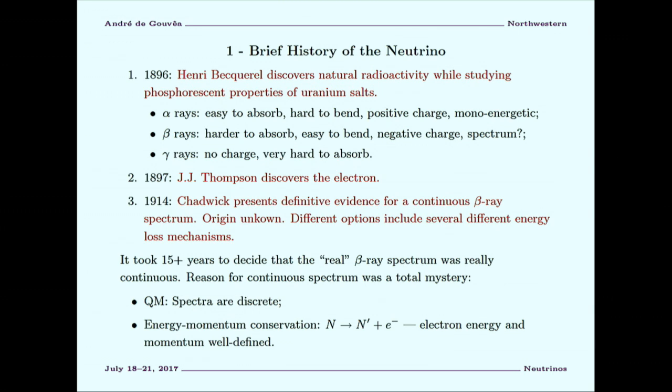A more serious concern, of course, was energy momentum conservation. So you probably know the story. After we learned a little bit more, we knew that this process could be properly defined as some atom that was converting into another atom, usually an ion because you lost charge, and then an electron was emitted. So regardless of what's going on over here, you can appeal to the conservation of energy and momentum to make a prediction.